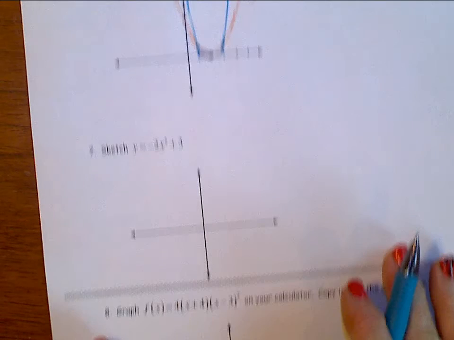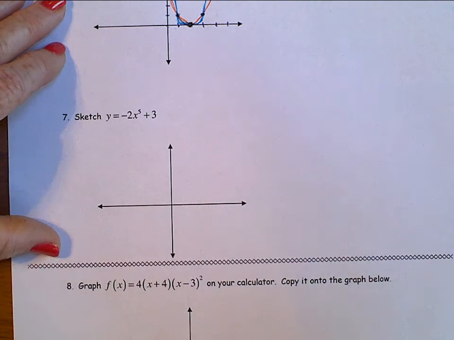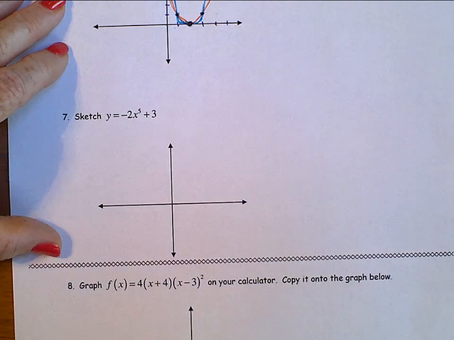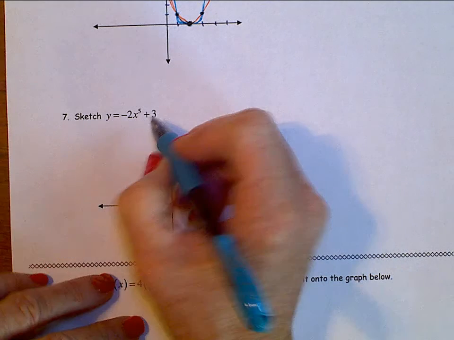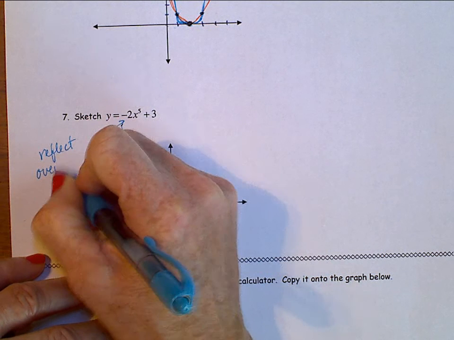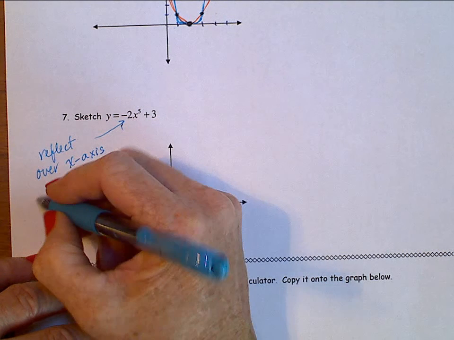Okay. Look at this last one for today. Sketch y equals negative 2x to the 5th plus 3. And we know we are going to reflect over the x-axis. We have a vertical stretch by a factor of 2.